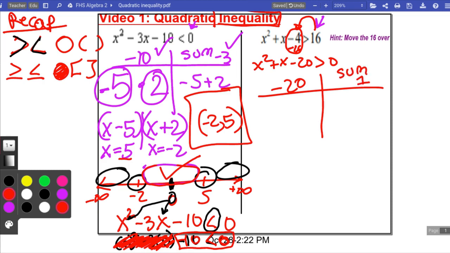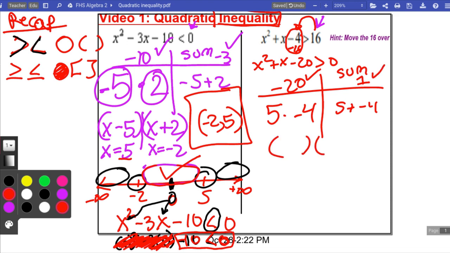In my mind, I think of 5 and 4. Then I have to think which one will be negative, because if I add them I need to get 1. Because 5 times -4 gives you -20, check. 5 plus -4 gives you 1, check.